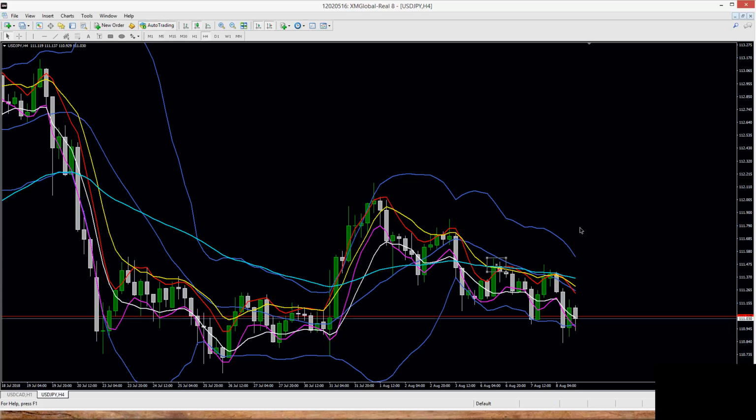It gives you an indication of where the re-entry is happening, and it also gives you a zone or an area for you to sell. However, there's a lot of things that you need to understand when it comes to multi-time frame analysis. I'll talk about that later on. All right.